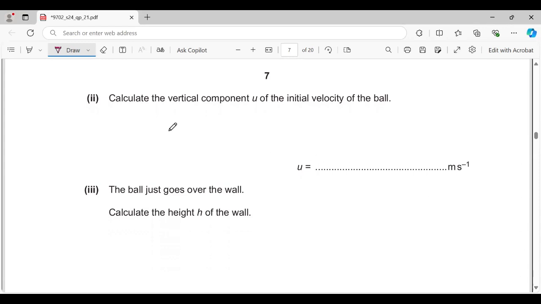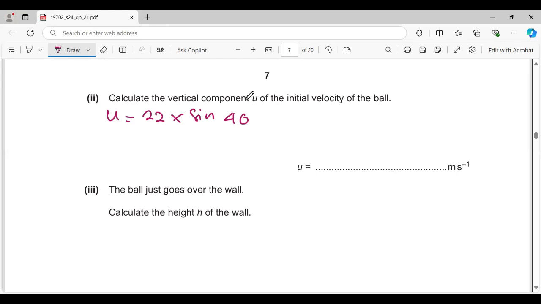Calculate the vertical component u of the initial velocity of the ball. For the component u of initial velocity, when the student throws the ball, the formula is 22 times sine 40.